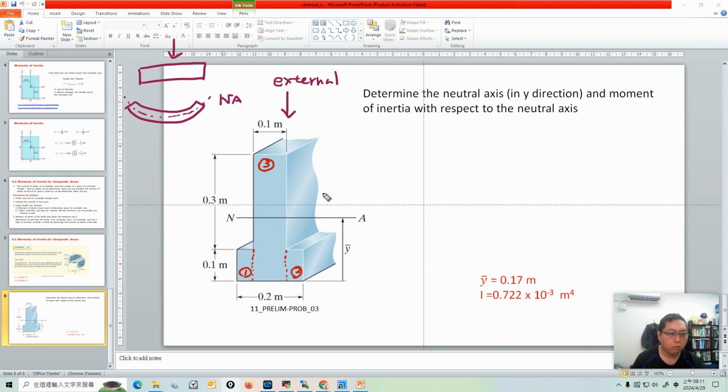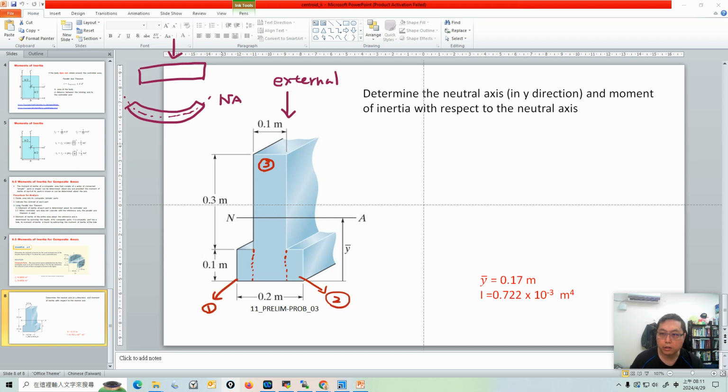Then determine the centroid of each part. I call this 2 and this 1.